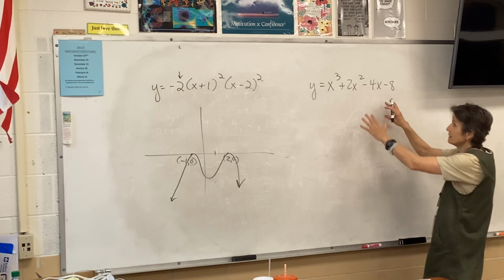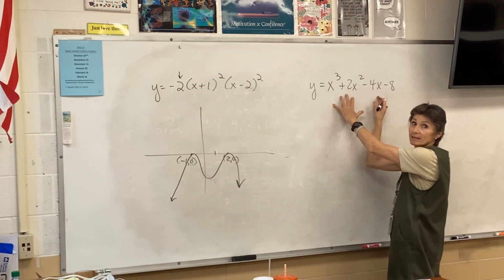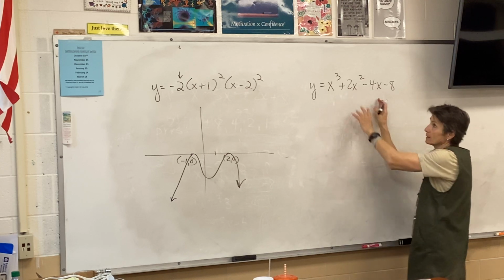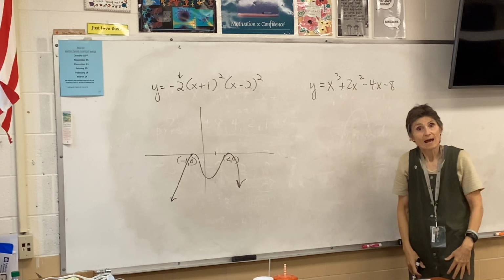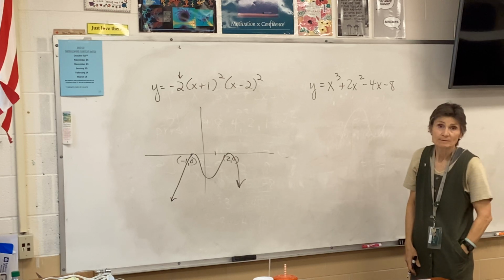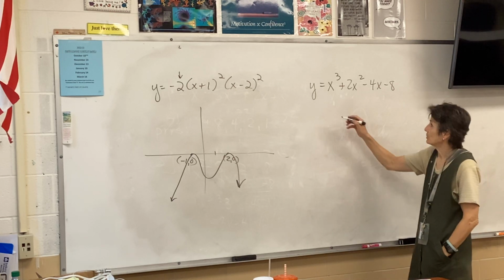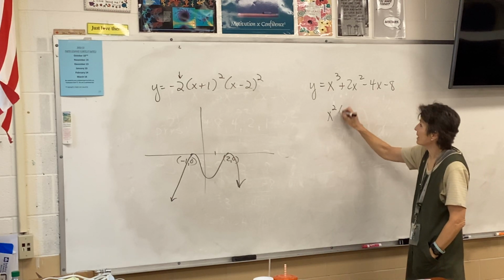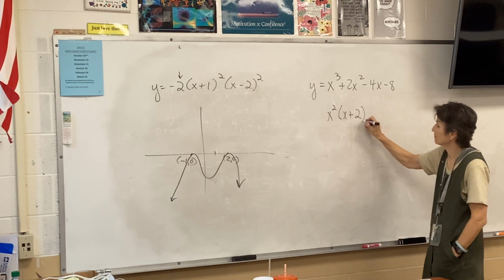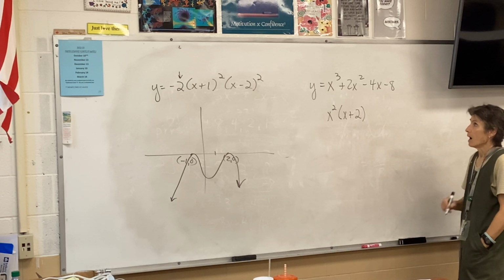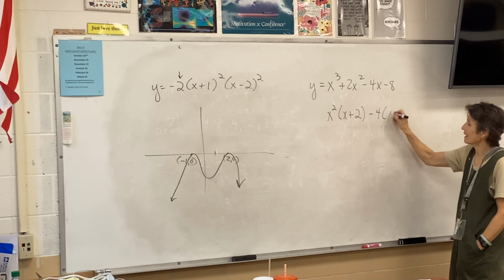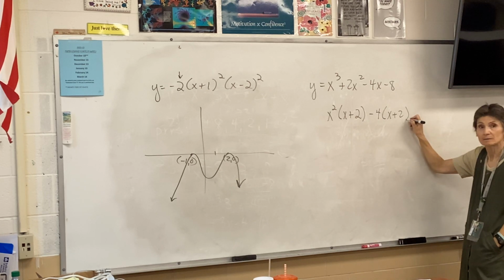But this one factors by grouping. And that will always be faster and easier. So that's the way I'm going to do it. So I'm going to take an x squared out of the first 2 terms. I'm going to take a -4 out of the last 2 terms.